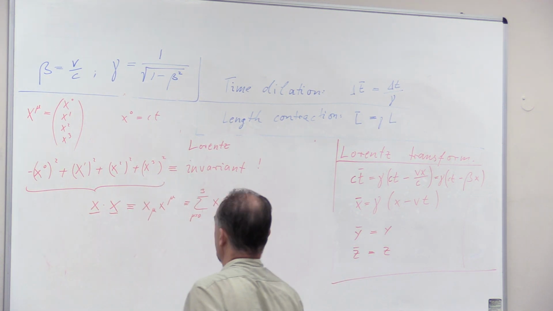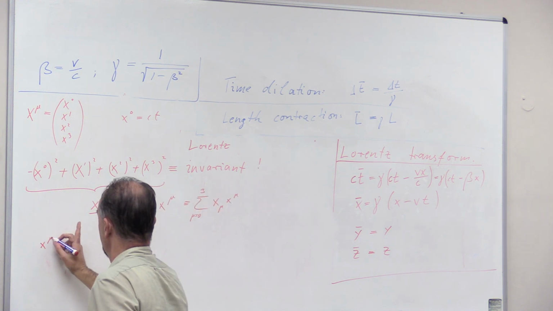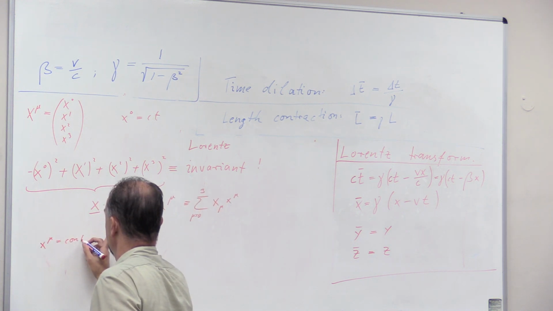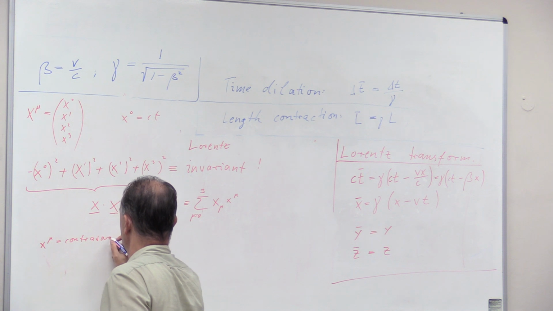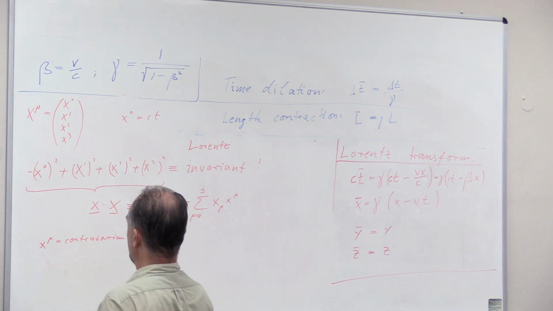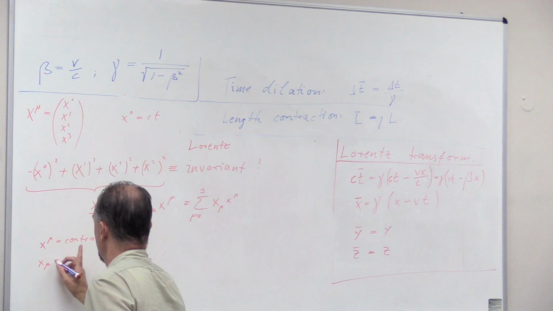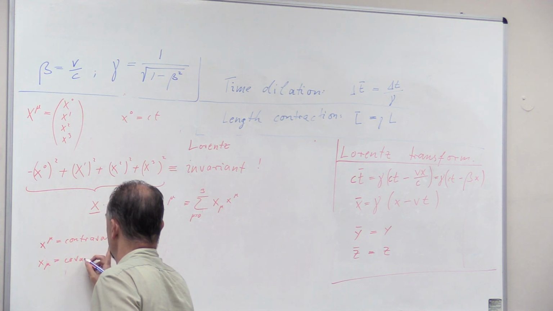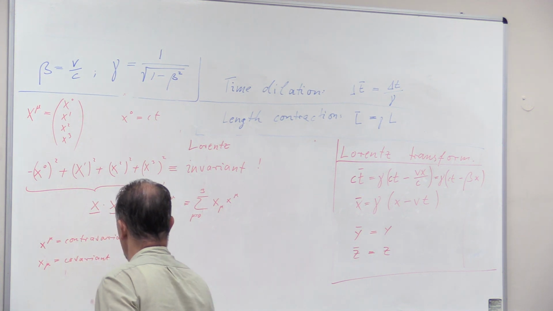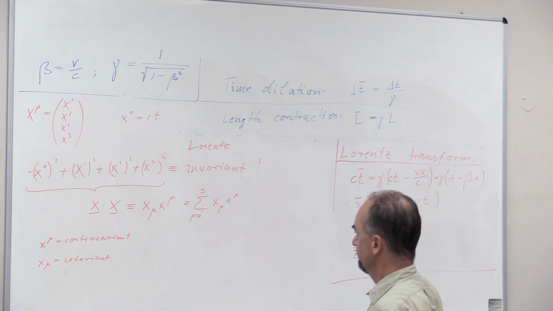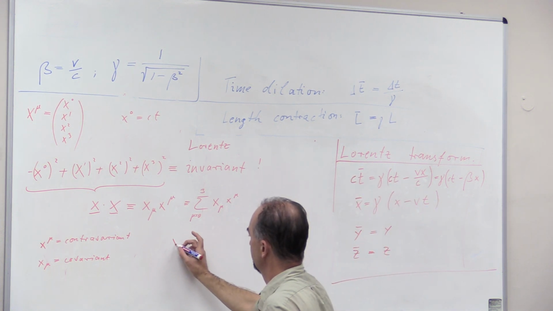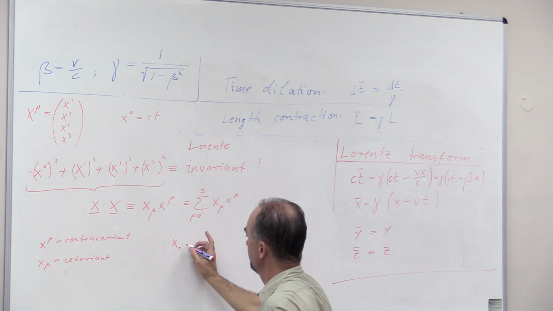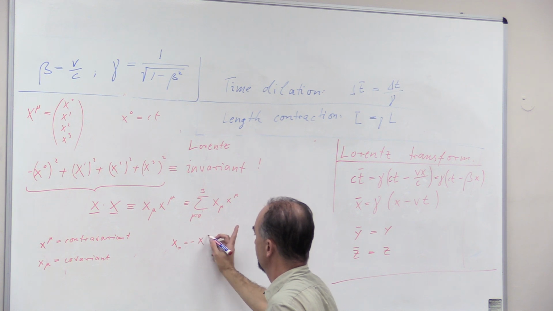So we call x with the upper index contravariant, and x with the lower index covariant, with the simple definition that for x0 we get a minus sign in there.